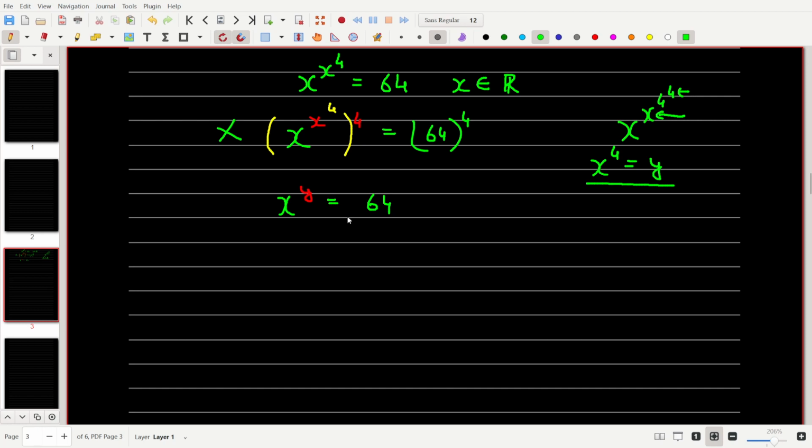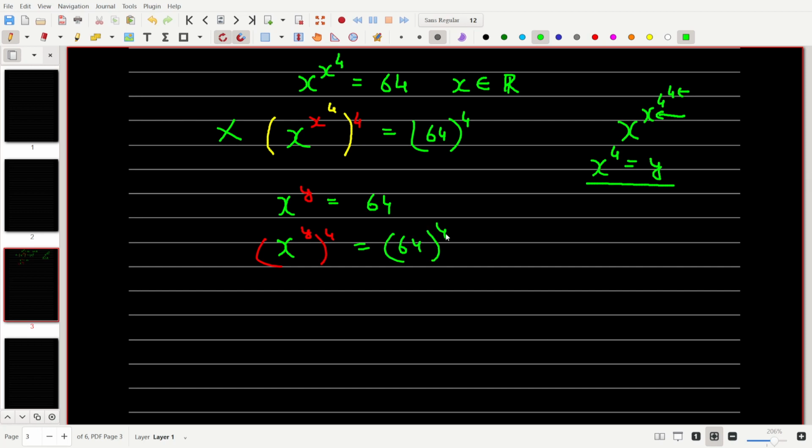Now let me raise both the sides to the power of 4. So what I get on the left hand side is x to the power of y to the power of 4, and this is equal to 64 to the power of 4.